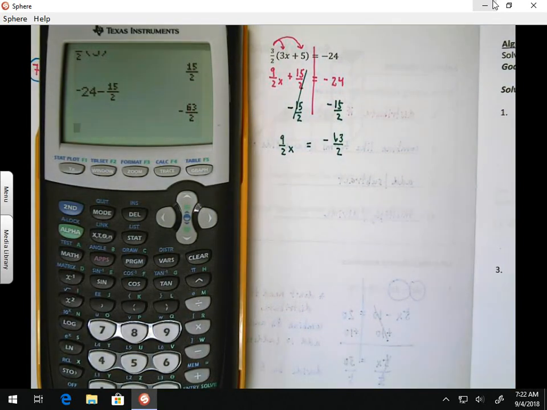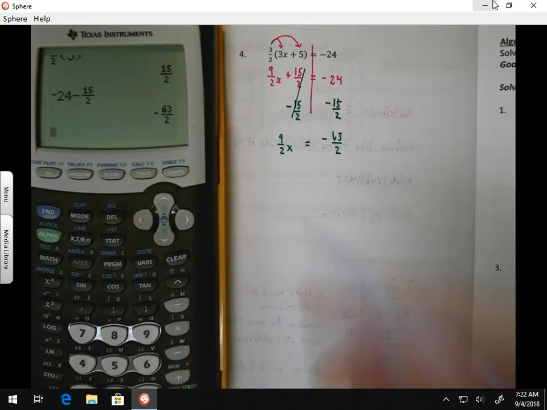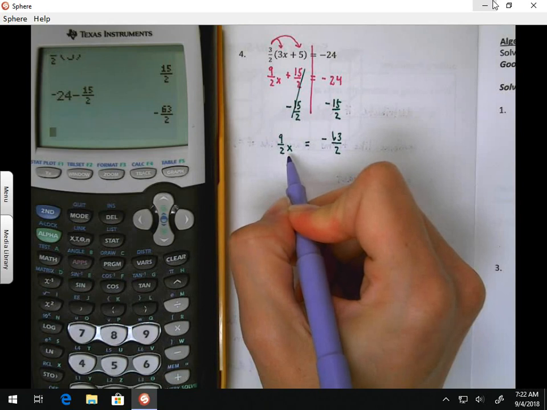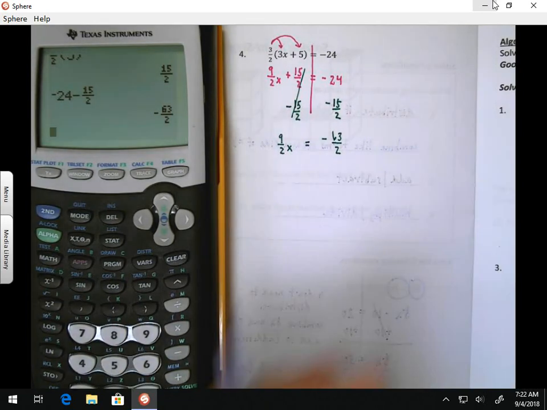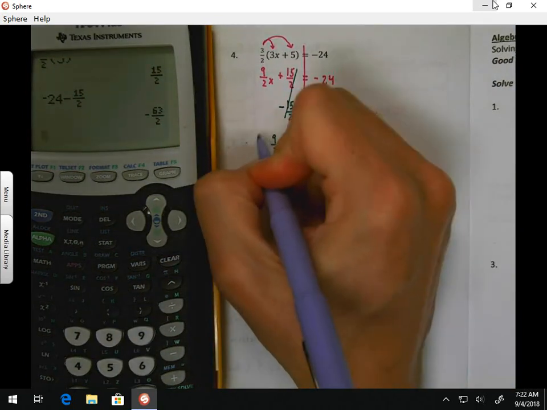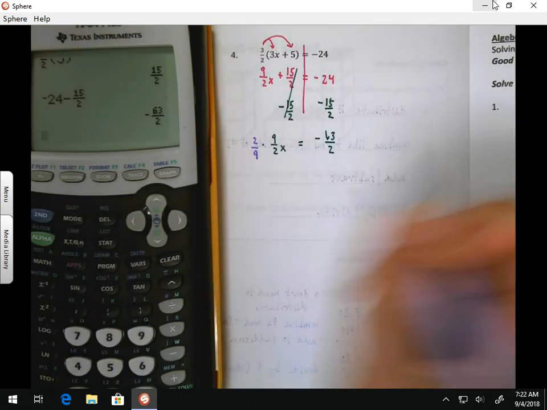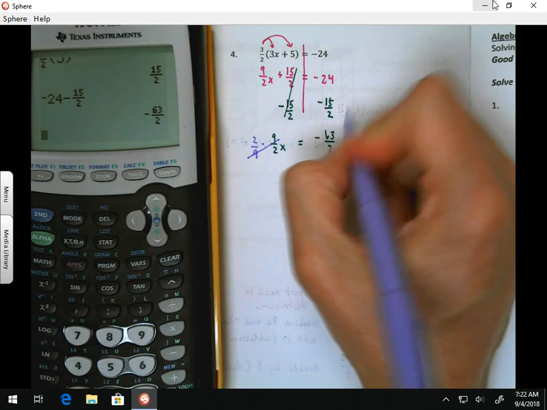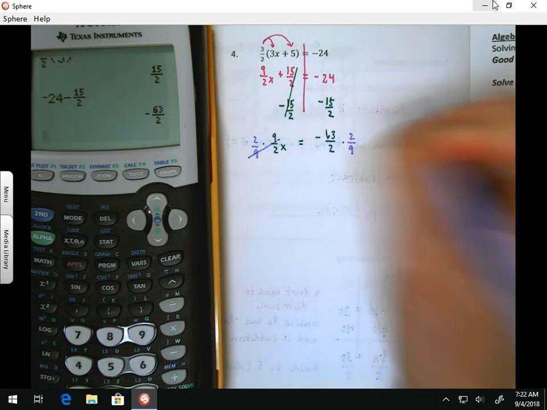Now, for my last step, what I have here is a fraction times my variable. In order to undo that, I could divide by 9/2, but what I like to do here is I like to multiply by that reciprocal, because then I know these are going to cancel each other out. So on this side, I'm going to do the same thing.